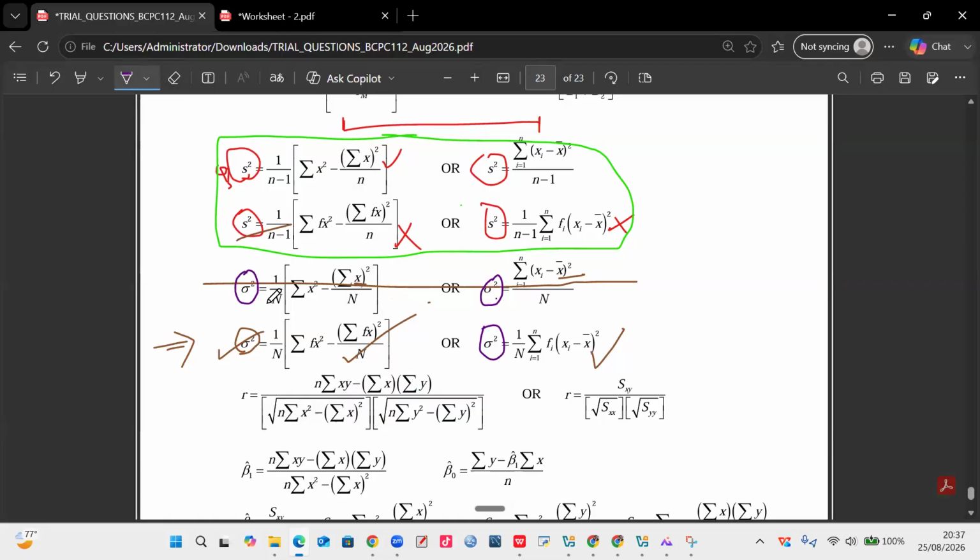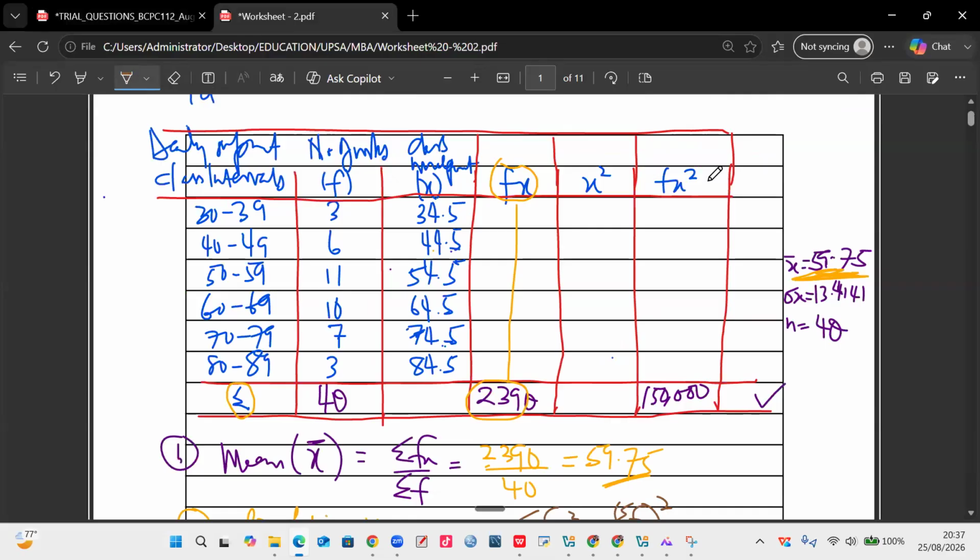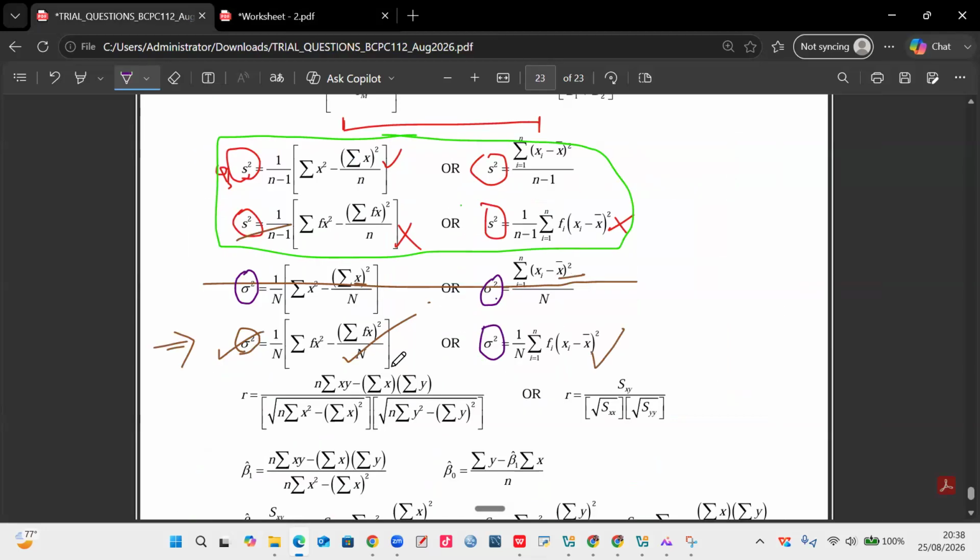Leave it and come down to this area. Then examine the columns you've drawn: fx, x squared, and fx squared. Which one of them has the fx squared? It is only this one. That's how you determine which formula you're going to use.